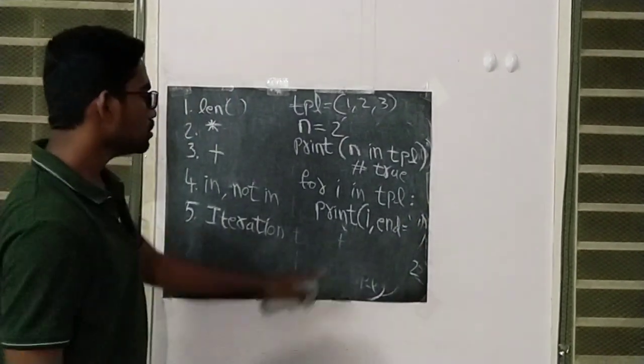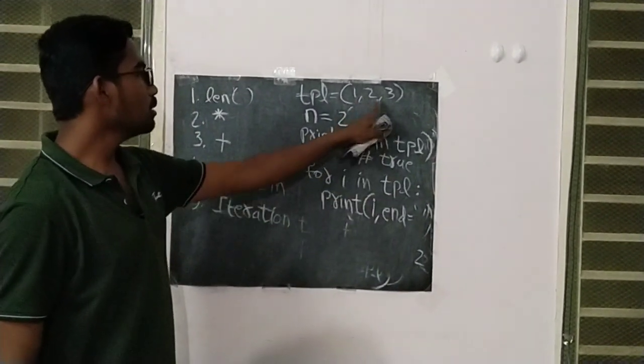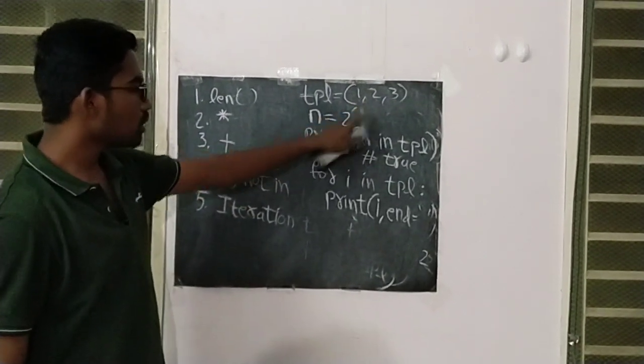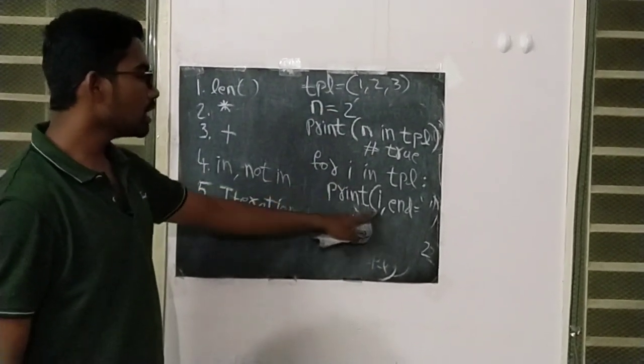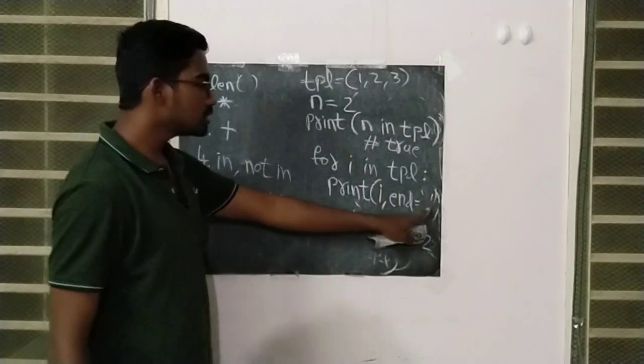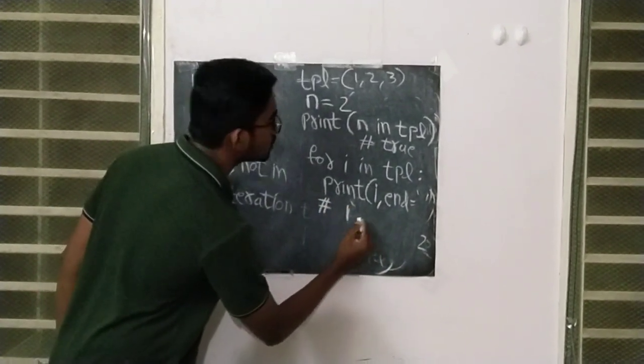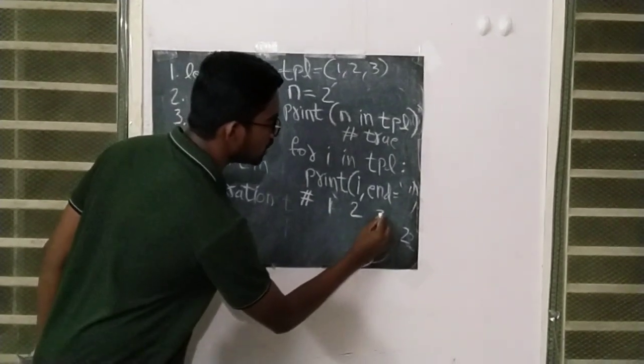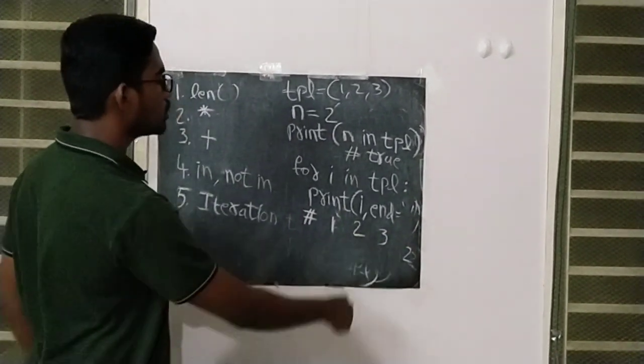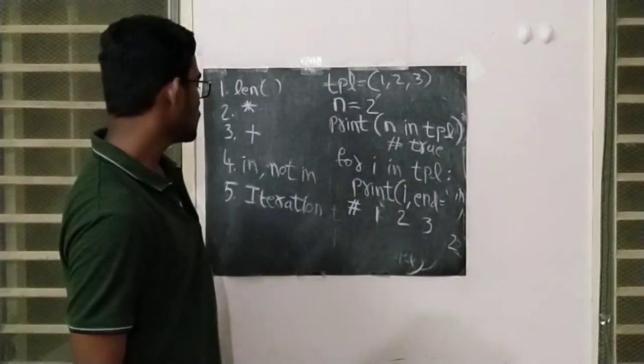Now the first tuple element is assigned to i, and that i value will be printed and end with a space. The output will be 1 space 2 space 3. This is the output of this print function.